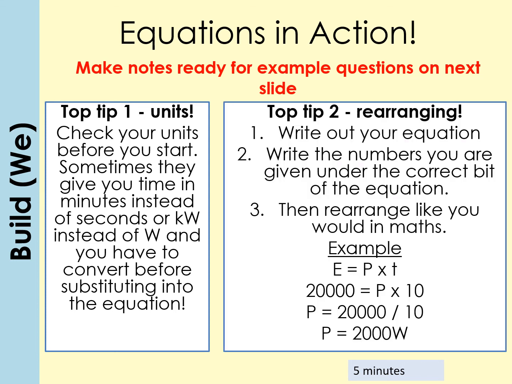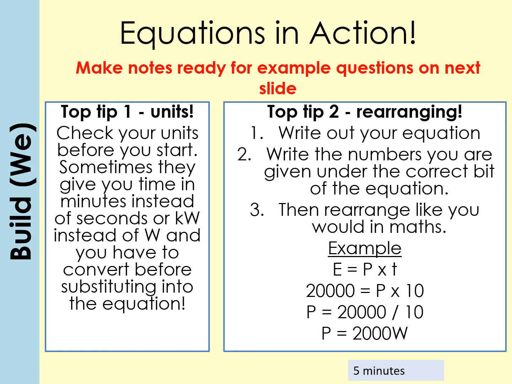The second tip is to write out the equation first, substitute the numbers that you have, identify the thing you're looking for, and then rearrange the equation, as you would do in maths. So energy equals power times time. If you've already got the energy, 20,000 in this case, it equals power times 10.